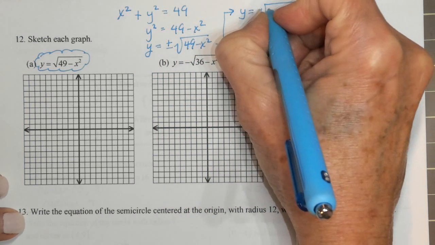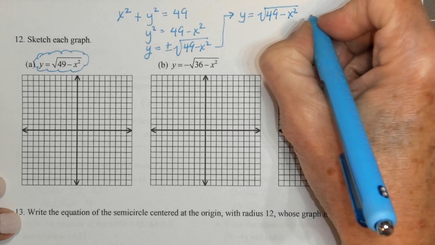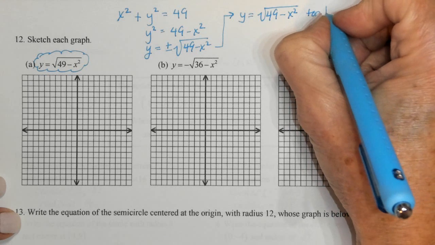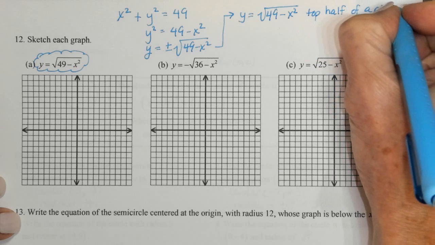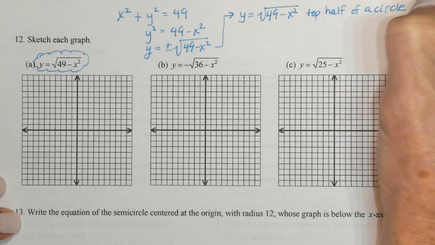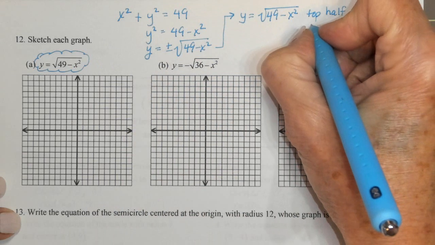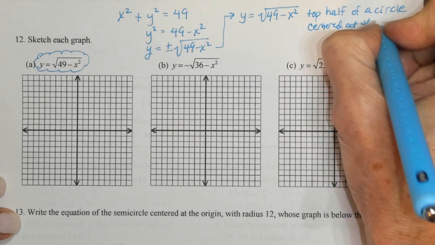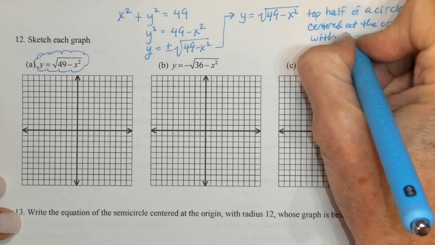The positive square root of 49 minus x squared is the top half of a circle. So it is a semicircle centered at the origin with radius 7.